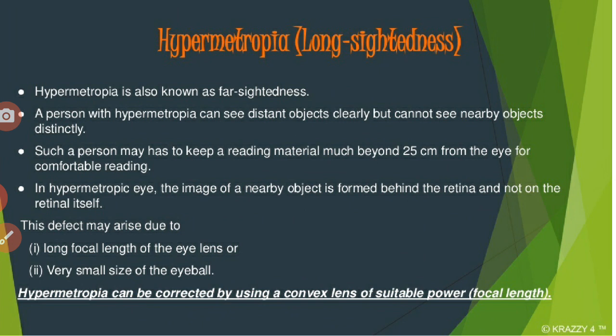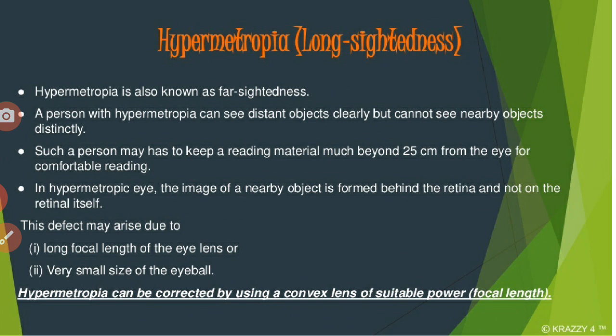In a hypermetropic eye, the image of a nearby object is formed behind the retina and not on the retina itself. This defect may arise due to long focal length of the eye lens or very small size of the eyeball.